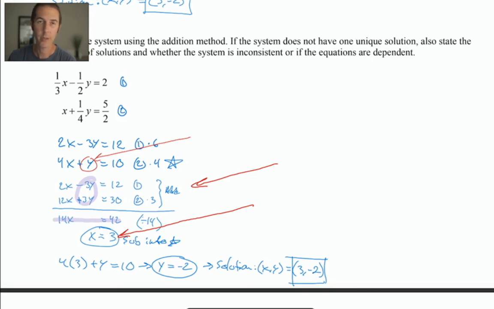And we already know that 0 never equals 3. So if that happens, you're probably looking at a system that has no solution, which means you've got parallel lines. Again, something like 0 equals 3 indicates no solution. Or maybe it's telling you that you've made an arithmetic mistake. Unfortunately, that's always a possibility.